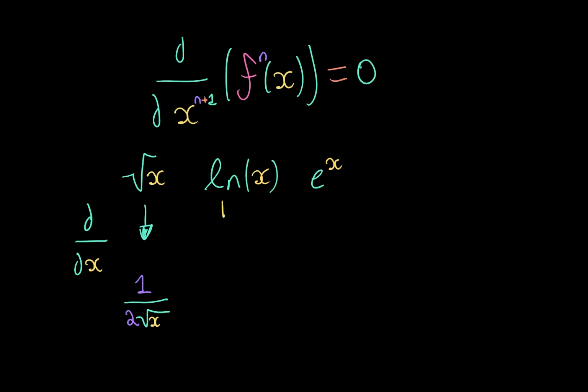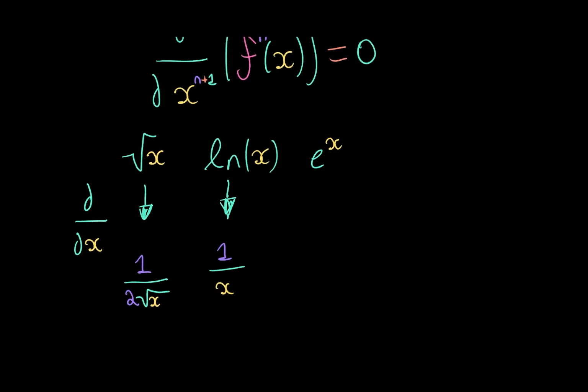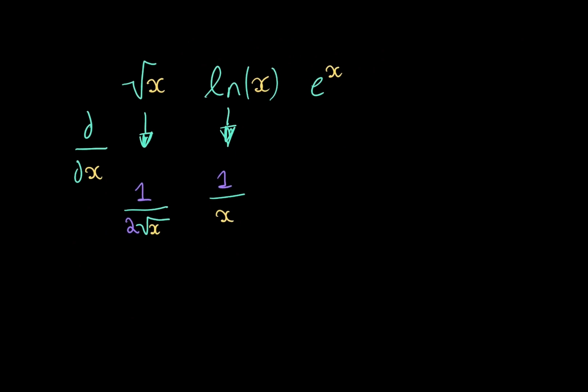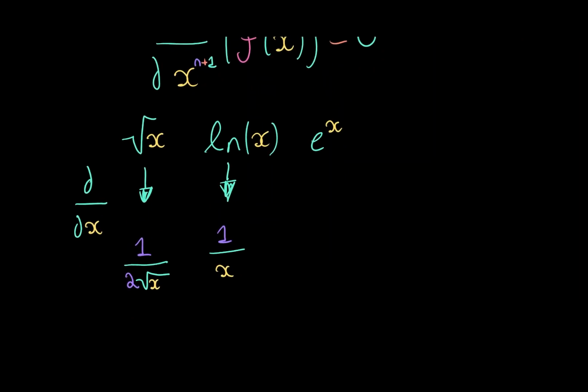And it's the same thing with the natural log. This would become just 1 over x using derivative identities. And if you take the derivative of 1 over x again, so the second derivative of natural log x, this would become negative 1 over x squared.